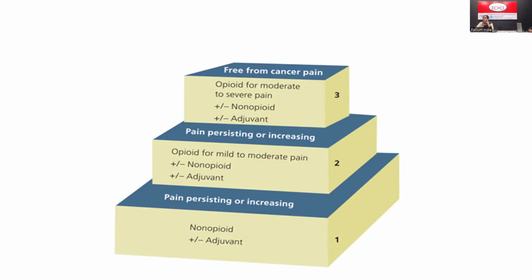Any weak opioid? Morphine. Morphine is also a very strong opioid. Tramadol. Yes, tramadol is a weak opioid. Tapentadol is a weak opioid. We will learn about that today. So step 1 and step 2 we will be learning today. So non-opioids, we will learn about that next.